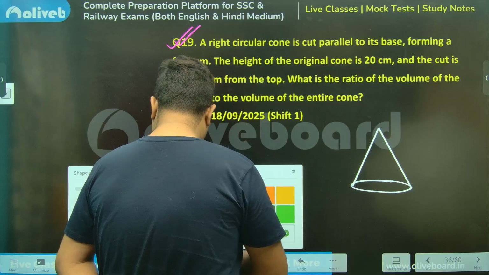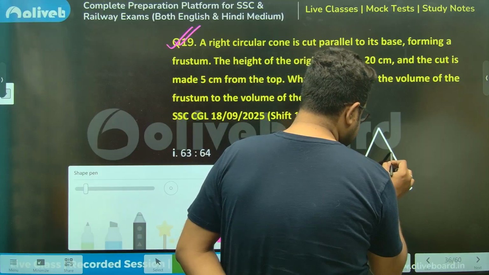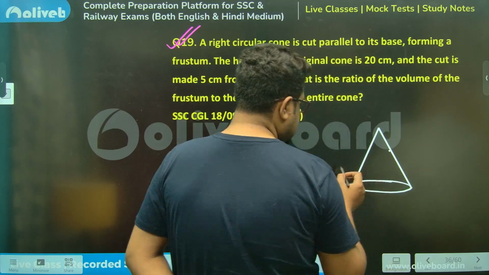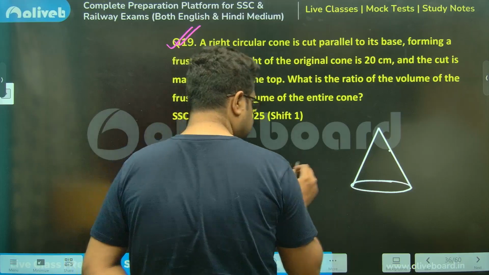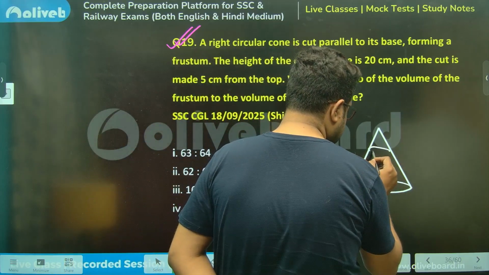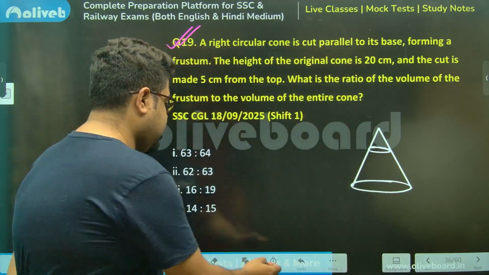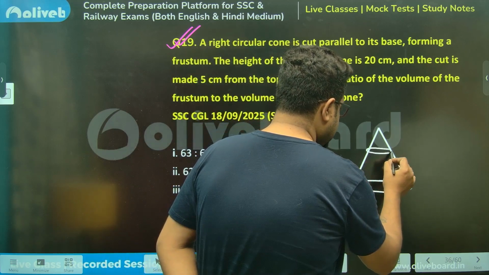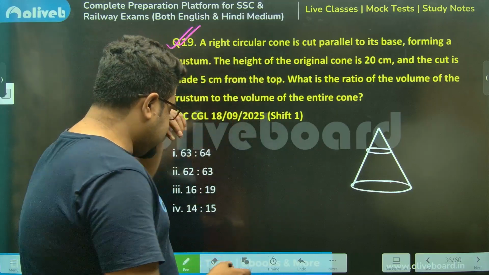Now what have they done? They have made a cut like this. Total is 20 centimeter.